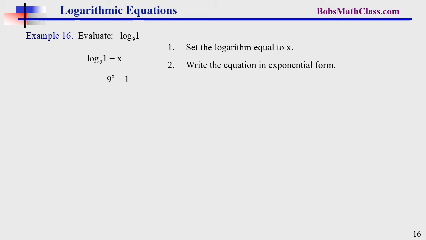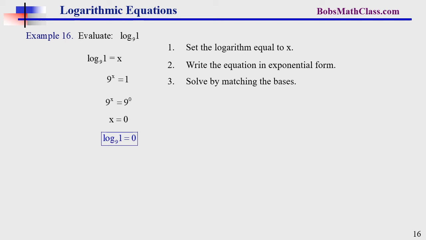Yeah, what's your guess? Yeah, 0. That's it, 0. What's anything to the power of 0? 1, exactly. 9 to the 0 is 1. 5 to the 0 is 1. So we could write it as 9 to the x equals 9 to the 0. So therefore, x equals 0.